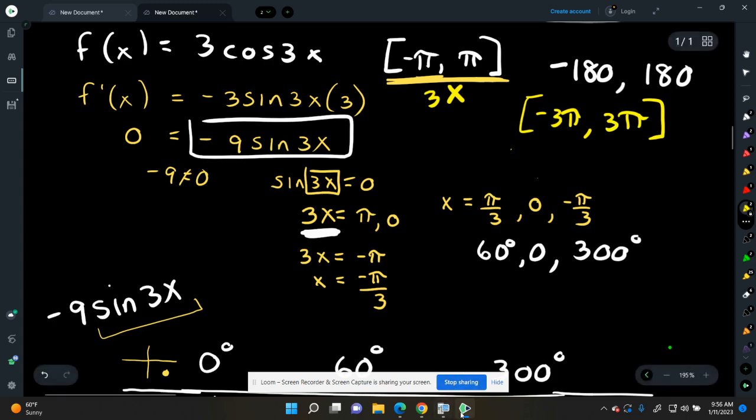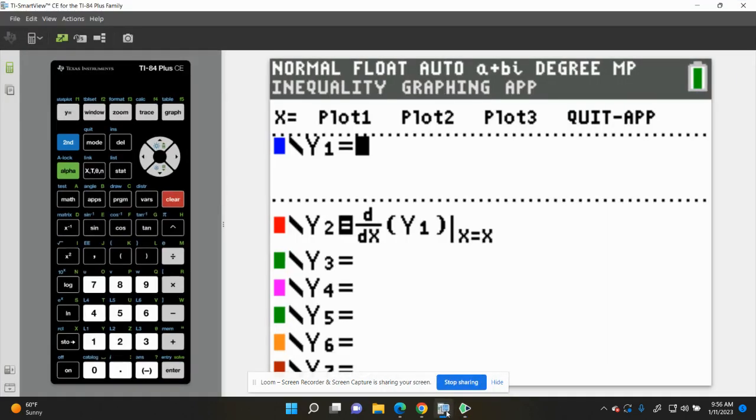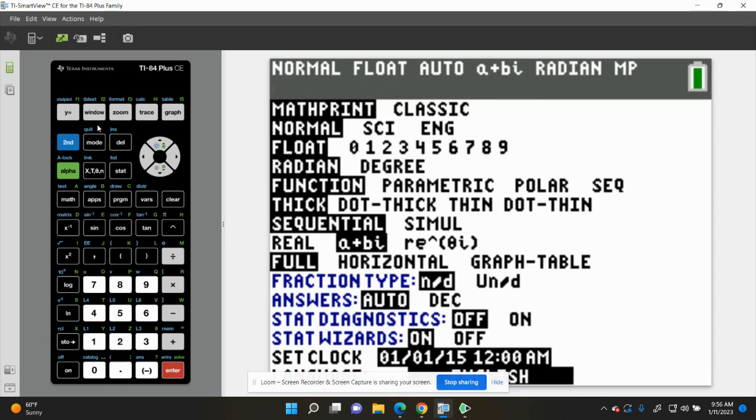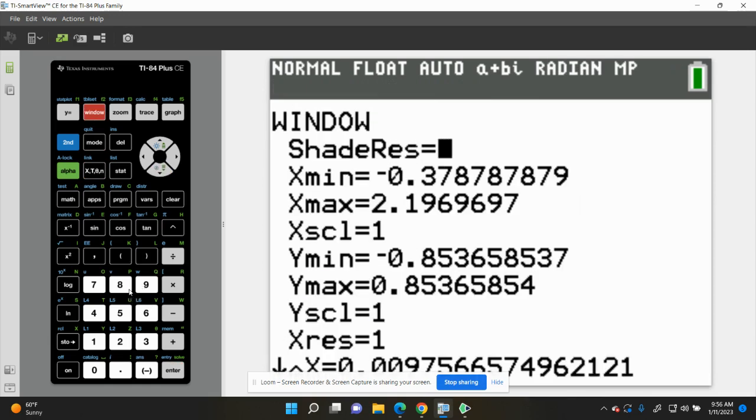Okay, so let's put this in our calculator. Let's see what's happening, okay? So I've got 3 cosine 3x, and first off, I need to change this to radian mode. Okay, now let's adjust our window.